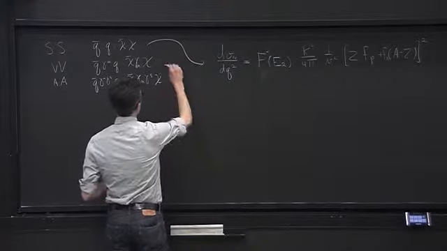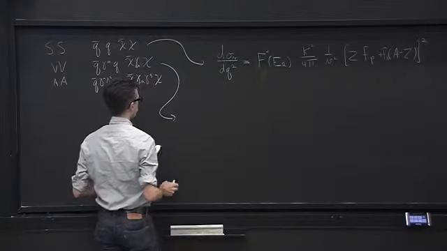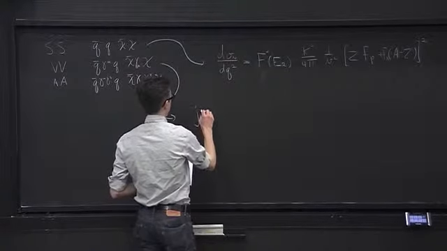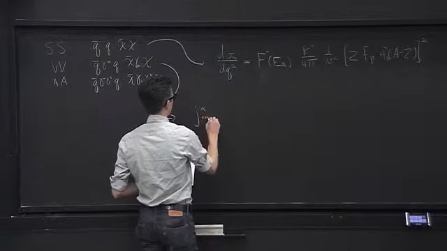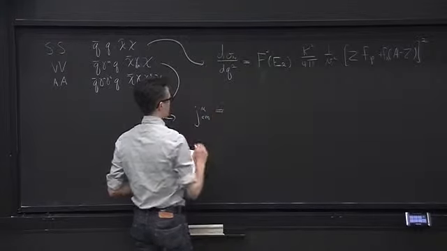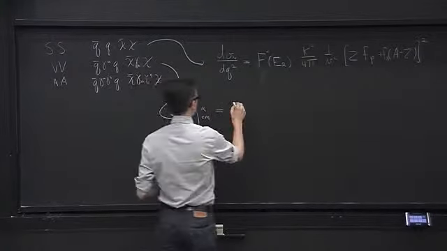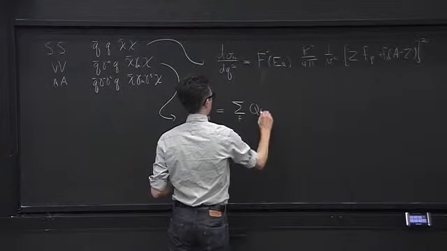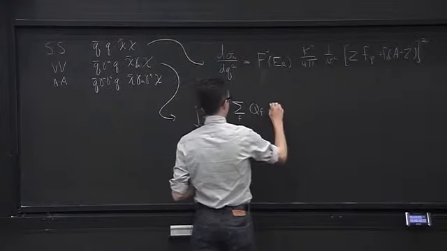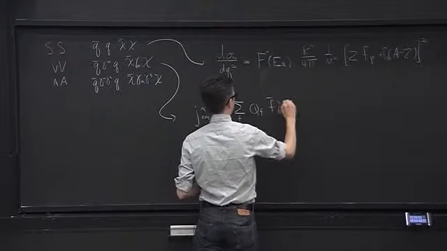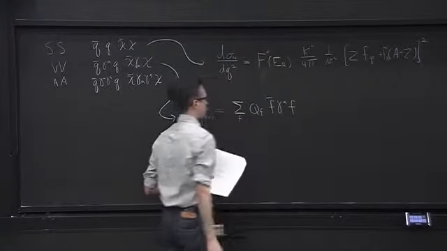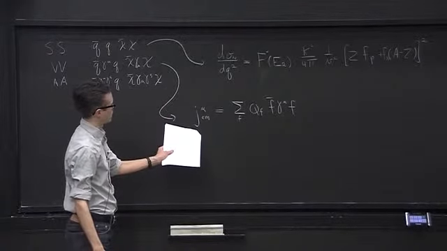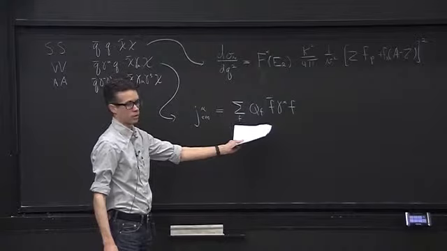So the next case I want to do is vector-vector. And the thing I want to remind you of is the expression for the conserved electromagnetic current in terms of elementary fermion fields: a sum over all fermions times the electric charge of each fermion times F bar gamma mu F. So when I sum over all the fermions in my theory, this operator corresponds to the charge density.